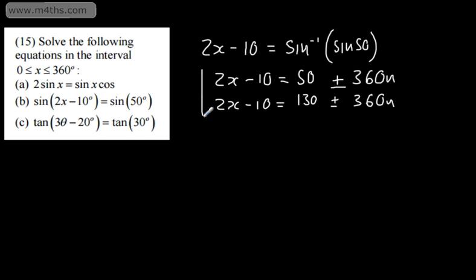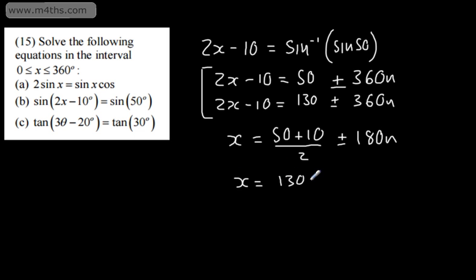So at this stage, x is going to be equal to 50 plus the 10 divided by 2, plus or minus multiples of 180 degrees. And x is going to be the 130 plus 10 divided by 2, plus or minus multiples of 180 degrees.